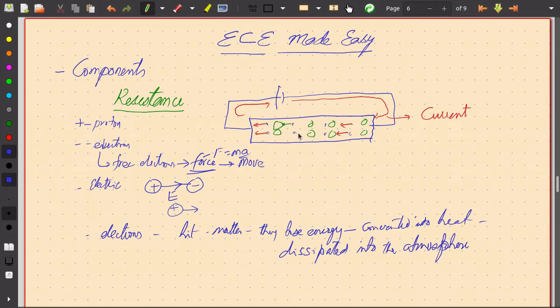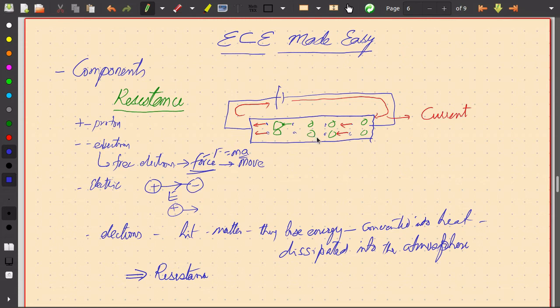And this concept is what we call resistance, because there is resistance to flow of current, there is resistance for the movement of electrons, and this resistance depends upon the property of the material, what type of material you're using. If it is a conductor, then the resistance will be lower.